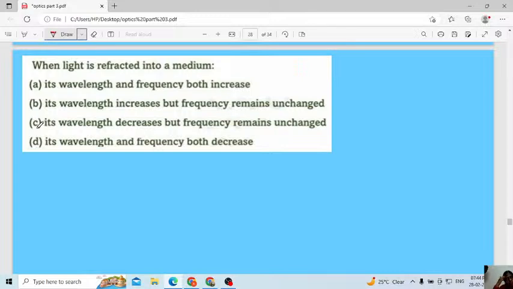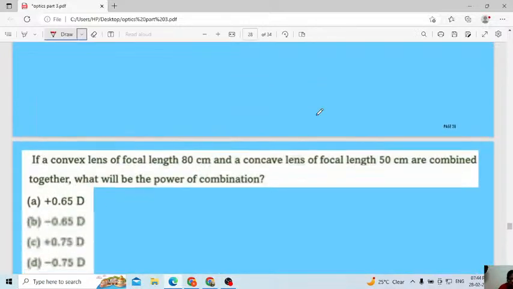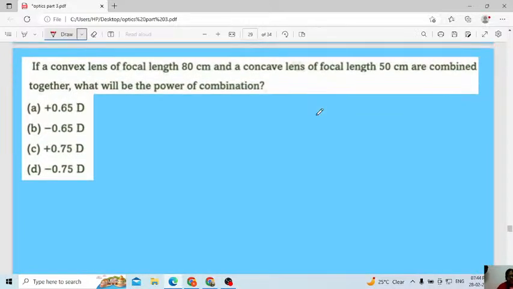When the light gets refracted, what is the change? Again, what you answered in the last question, remember? Option B is the correct answer. Wavelength increases but frequency remains constant. Okay. Revise. Okay. Next one. Next problem.